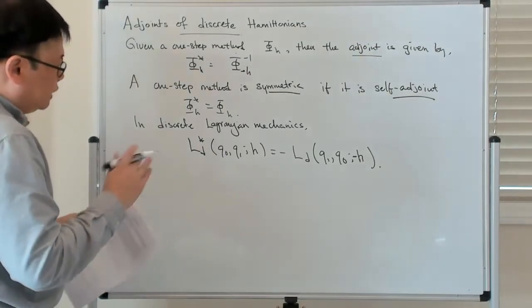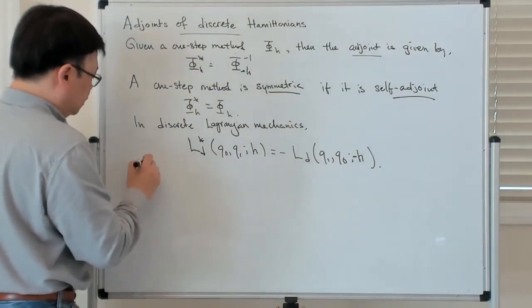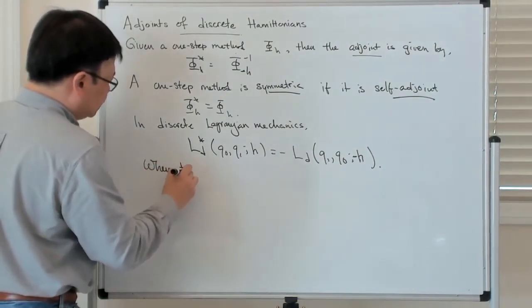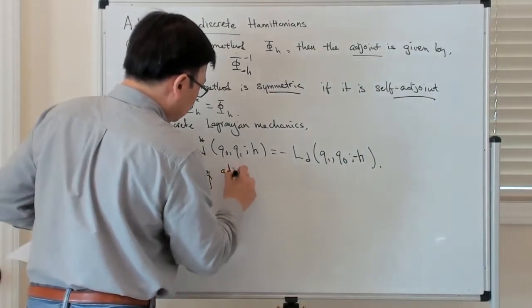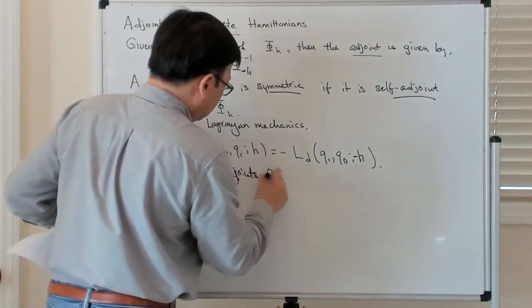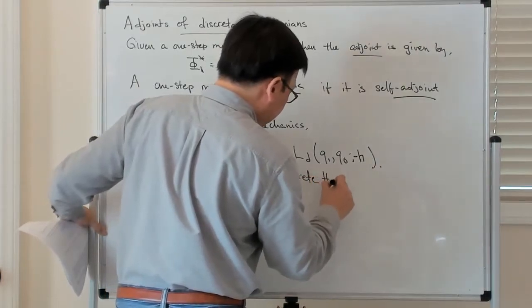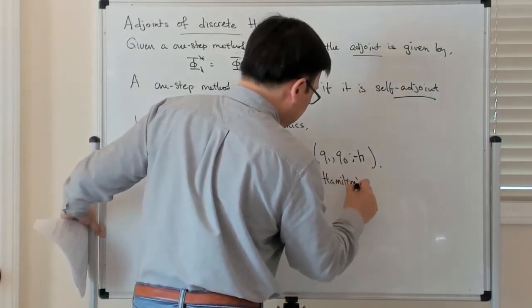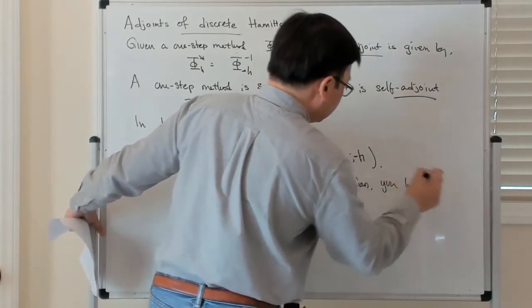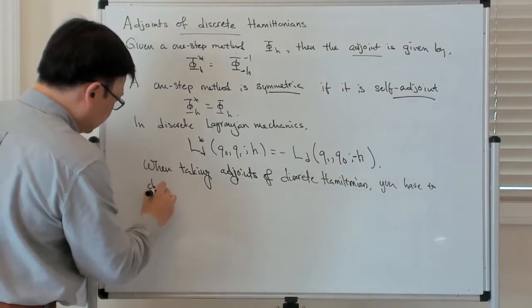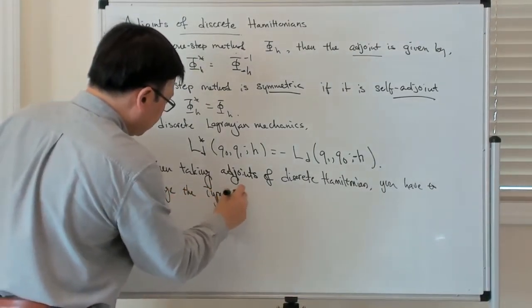So what that suggests is that when taking adjoints of discrete Hamiltonians, you have to change the type of the generating function.